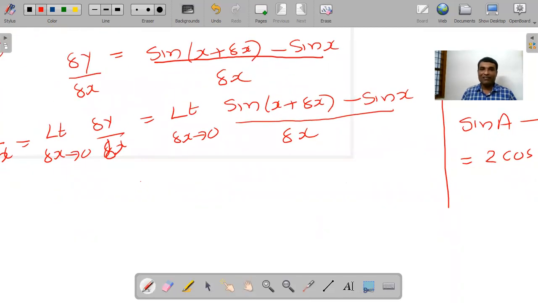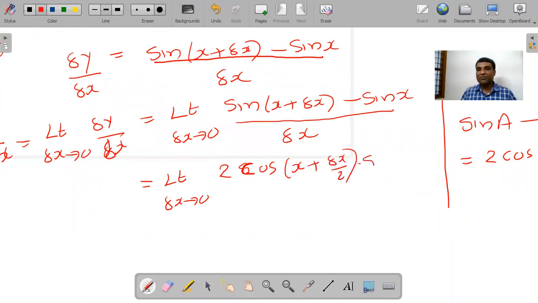So we can write this as limit delta x tends to 0, 2 times cos of x plus delta x plus x by 2 multiplied by sin of delta x by 2, right? x and x cancel, all divided by delta x.